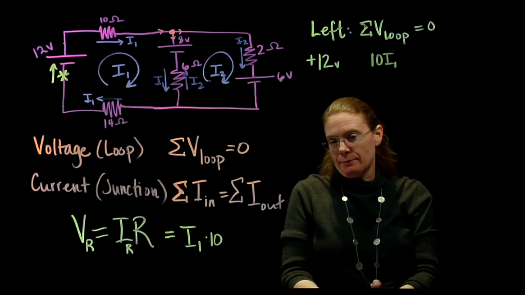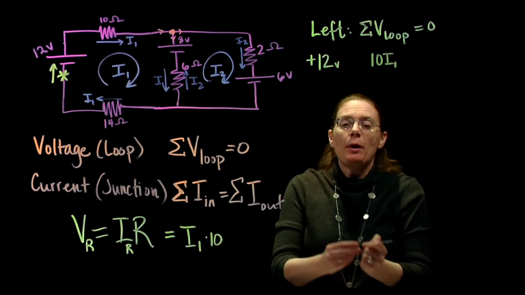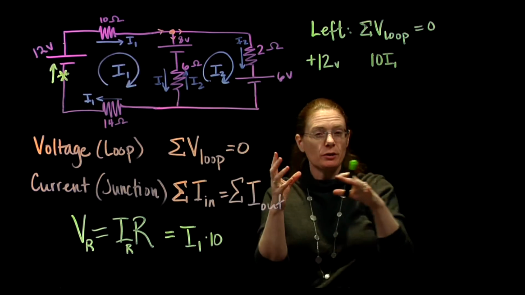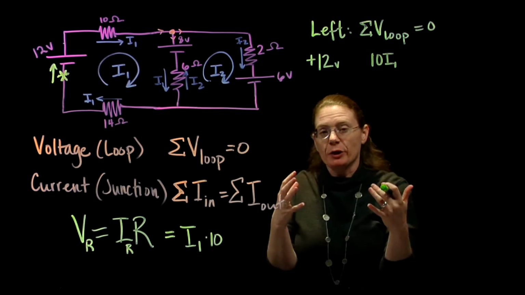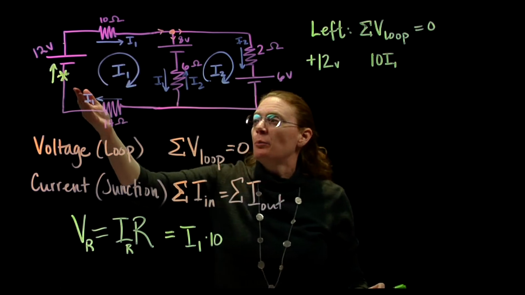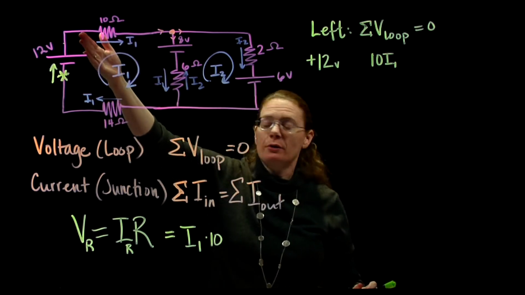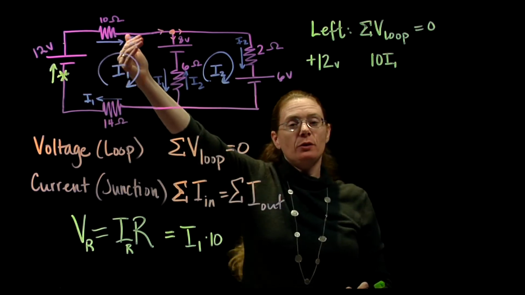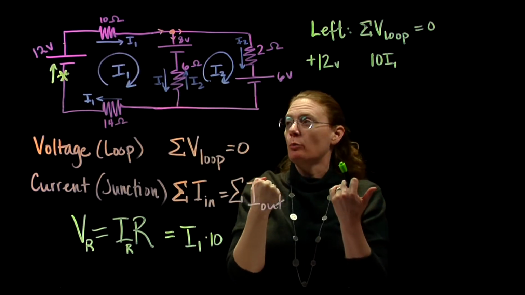But is it positive or negative? If you think about what's happening, voltage is a push, it's a pressure, and batteries provide that push or pressure to the circuit. What resistors do is use up that push or pressure.